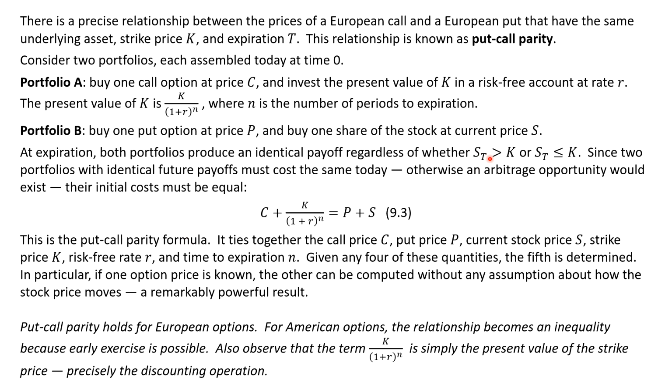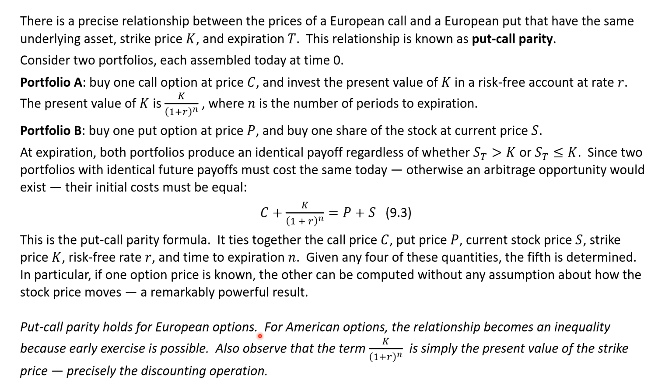It's a matter of just considering these two cases. So if you know any 4 of these 5 parameters in this equation, you can solve for the other. So in particular, if you know the price of the put and K, R, N, and S, you can determine the price of the call and vice versa.